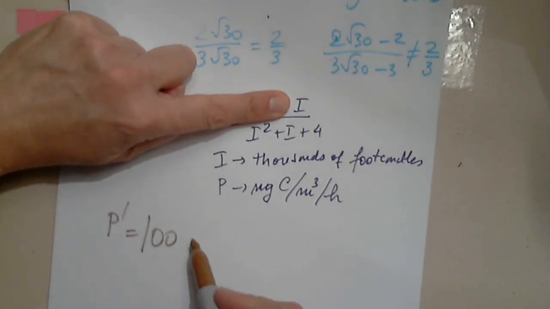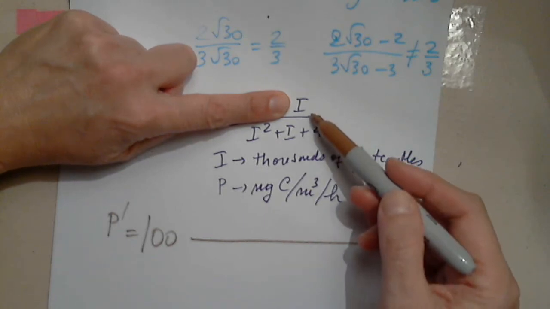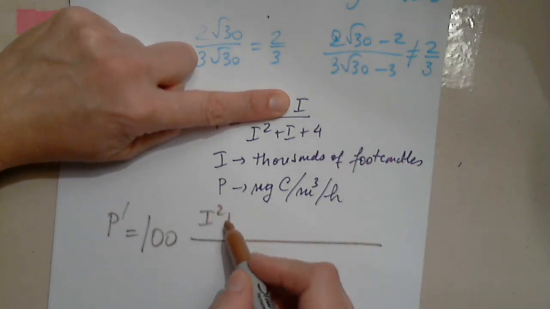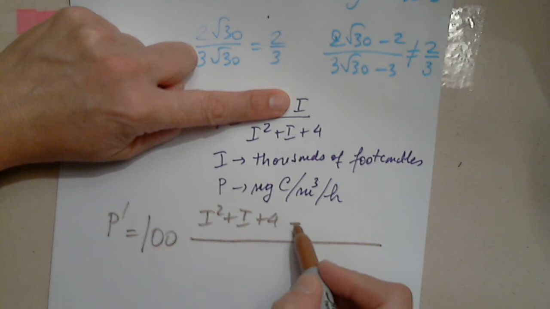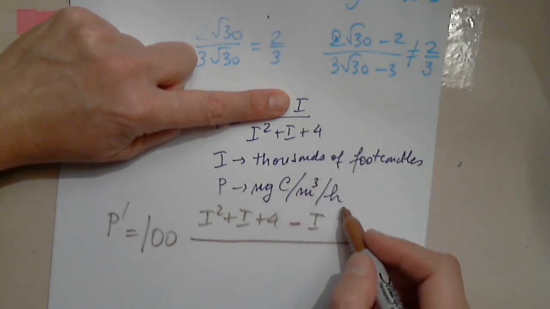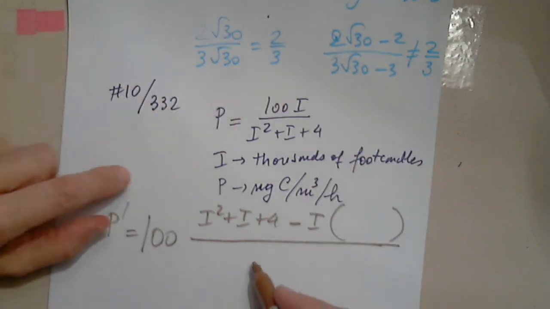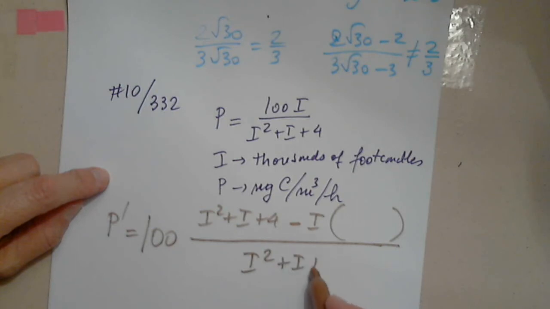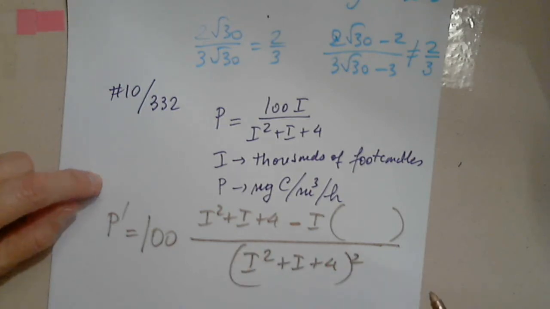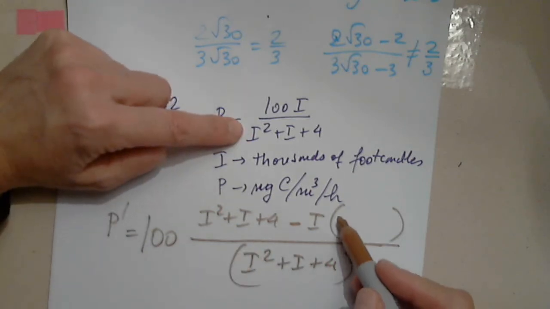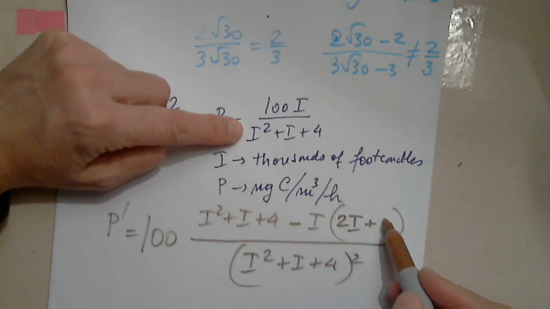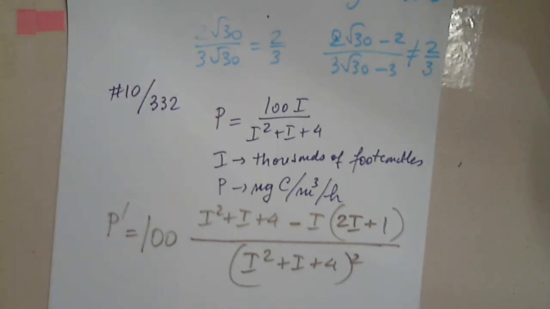Leave it outside, and now differentiate the top, get 1, times I squared plus I plus 4, minus I, the top, and in parentheses, we differentiate the denominator. When I differentiate the denominator, we get 2I plus 1. Any questions?